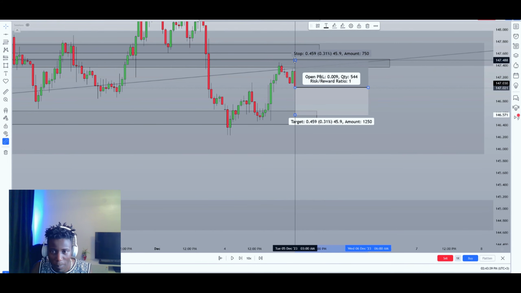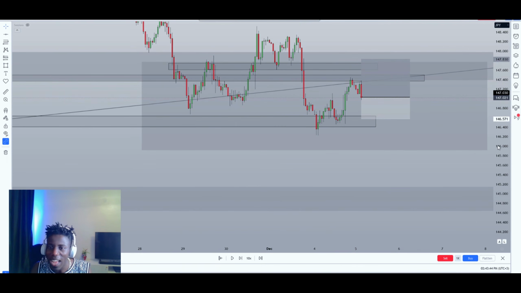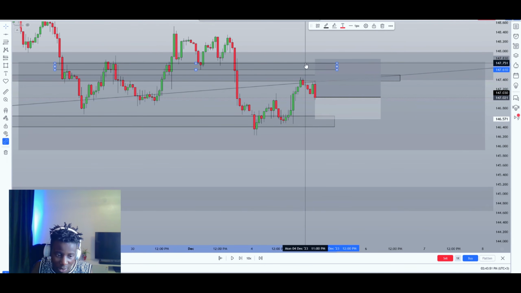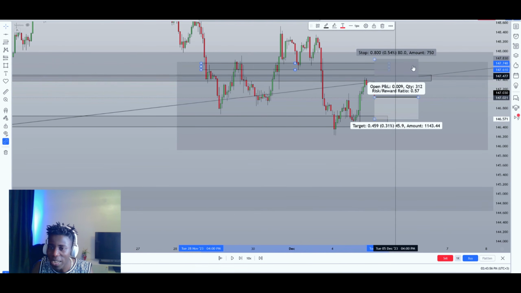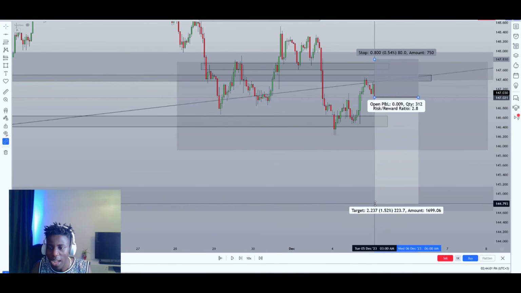Now remember to put your stop loss at the right place. We put our stop loss above this resistance level, because don't mind about the pips, mind about the risk to reward. We are aiming just for 2R, which is very nice.